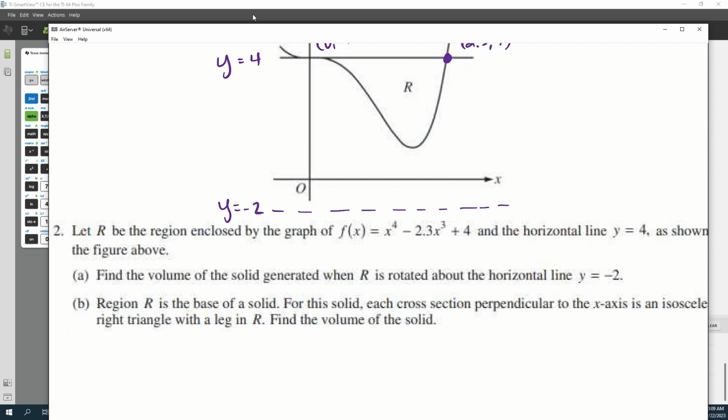All right. And then this is the region that I'm rotating. And you'll notice that there's a gap between the axis of rotation and where the figure actually is. So this is going to be a washer.